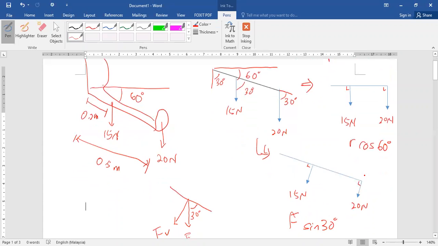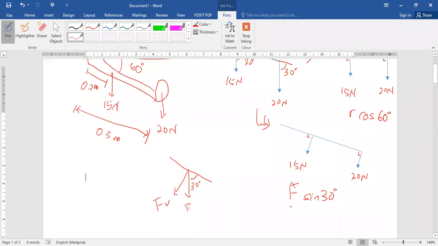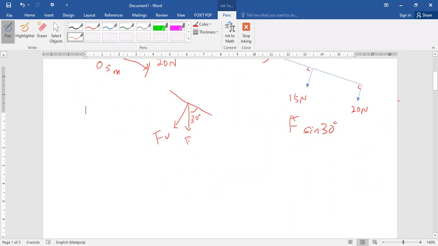No matter how, you see, one is using sin 30, another one uses cos 60. Actually, class, at the end, the torque, I can write that is equal to RF sin 30, or torque equal to RF cos 60. Looks the same, right? RF. Why?